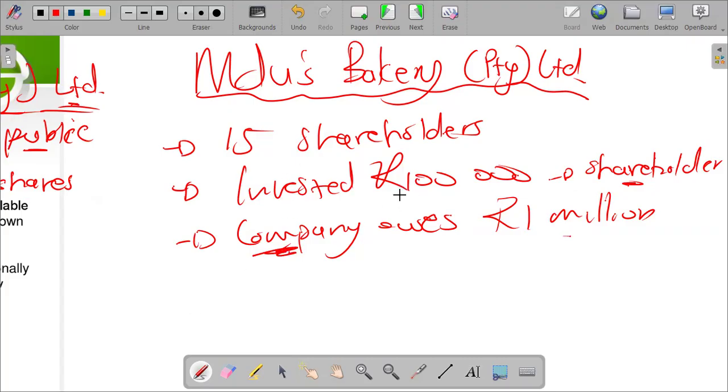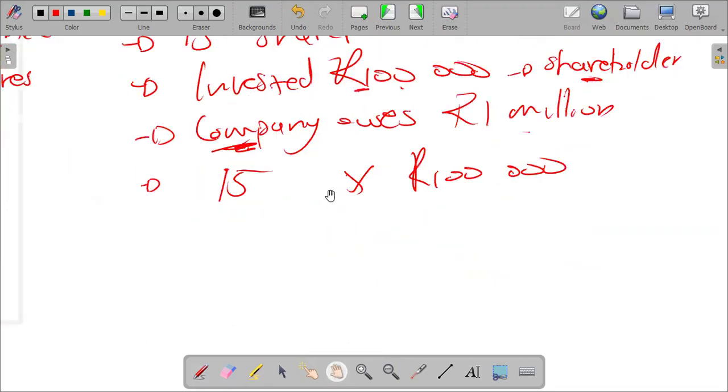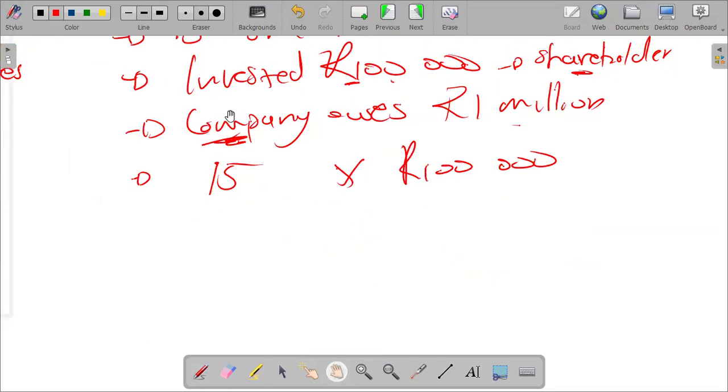Remember, the shareholders invested how much between them? 100,000 each. How much is that? So you do this: it's 15 shareholders times 100,000 each. I'll let you do the calculation. How much is it? Yes, you guessed it. It's 1 million.